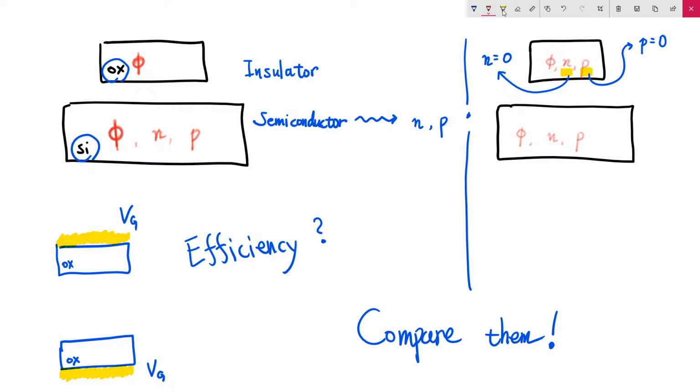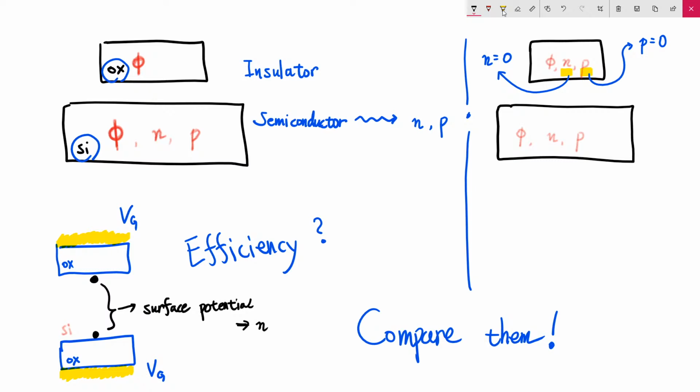The point is, here we have a silicon material, and the electron density, which is quite important for our device operation, is determined by the potential here. So surface potential is very important to determine the electron density.